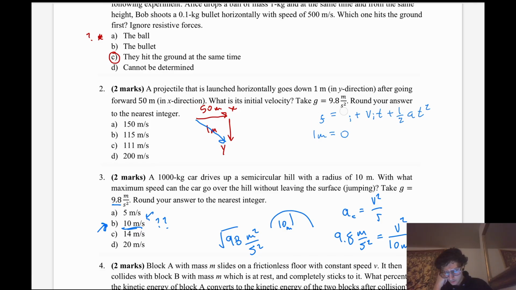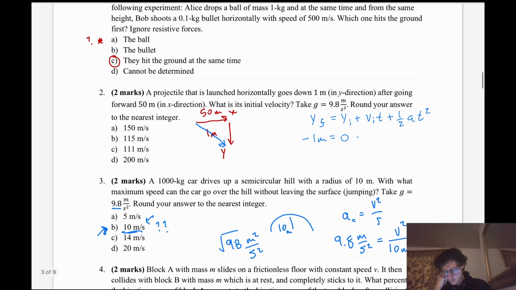So maybe it's good to write this: y final, y initial. So y initial, it drops by 1 meter. Maybe a minus sign here. Not sure. We'll see if that minus sign is useful, but we're going to say it starts at 0. The initial velocity here is what we're looking for. So this is the initial velocity in the y direction.